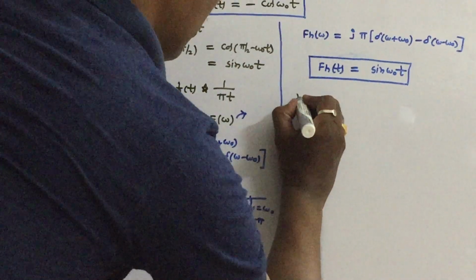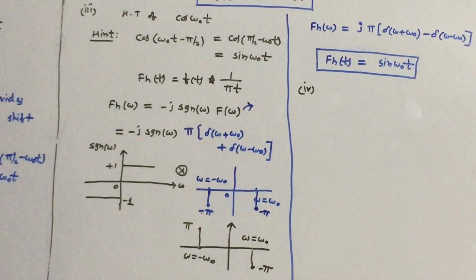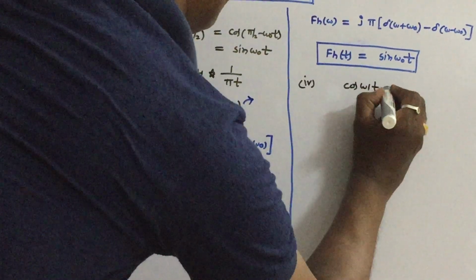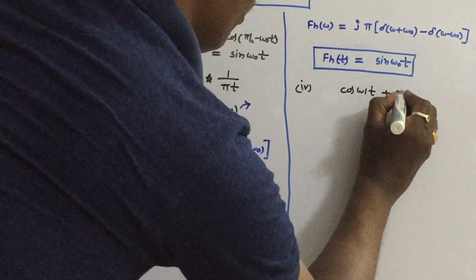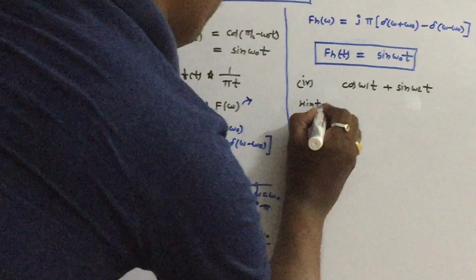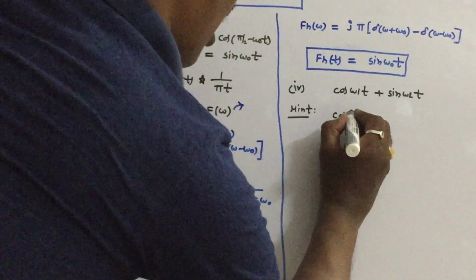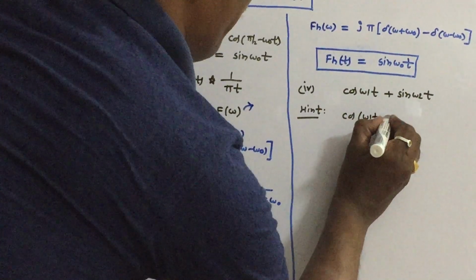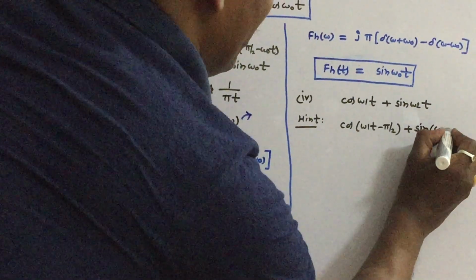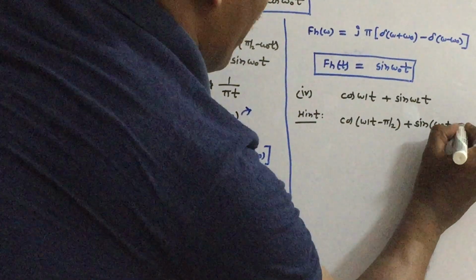Let us see the last problem. What we want to find out is the Hilbert transform of cos omega 1 t plus sin omega 2 t. Use the hint, because it is an objective question. Write cos of omega 1 t minus pi by 2 plus sin of omega 2 t minus pi by 2.